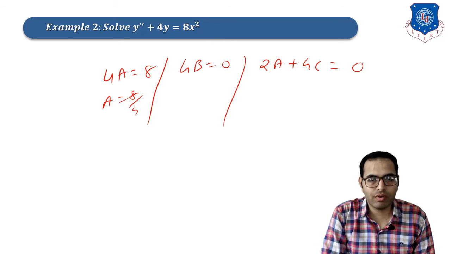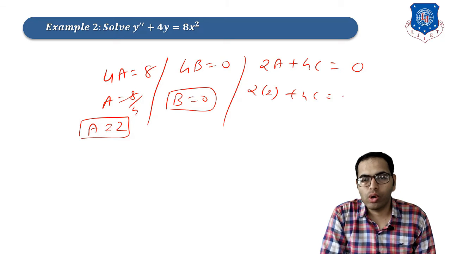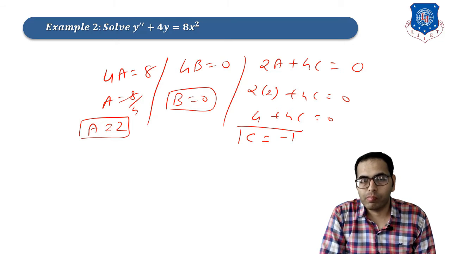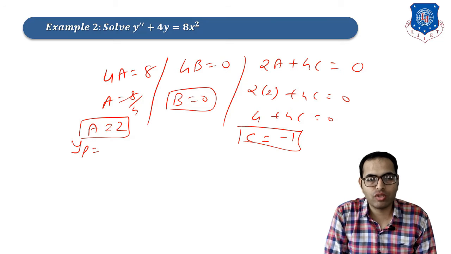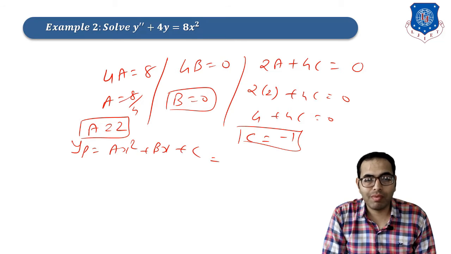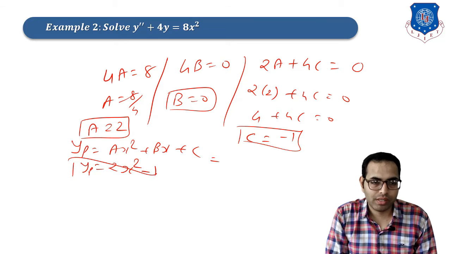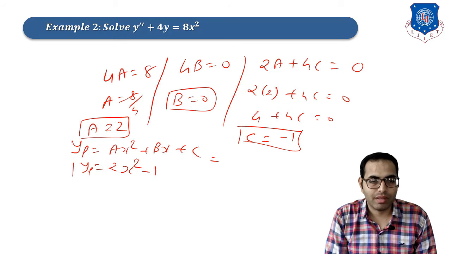Then a is equal to 8 by 4, the value of a is 2, the value of b is 0. With the value of a, 2 into 2 plus 4c equal to 0, then 4 plus 4c equal to 0, then c is equal to minus 1. Now substituting these values of a, b, c into ax square plus bx plus c, that means yp is equal to 2x square minus 1, that is our yp.